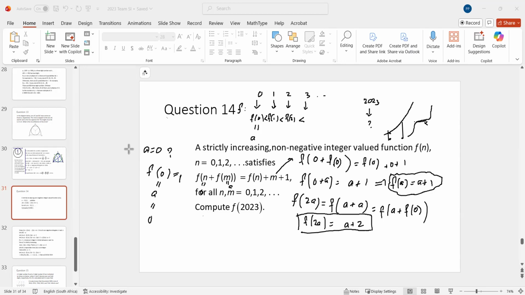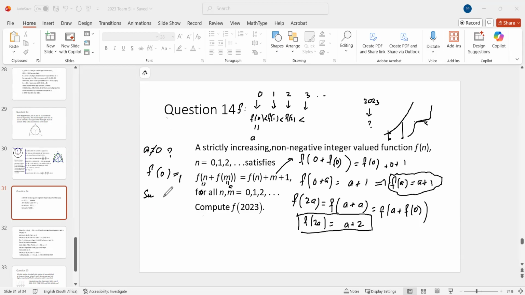A is actually 1. I'm going to prove this, but that is not intuitive. I'm trying 0, and I'm going to try 1. But to prove that a is equal to 1, I'm going to assume that a is not 1. So suppose a is not equal to 0.